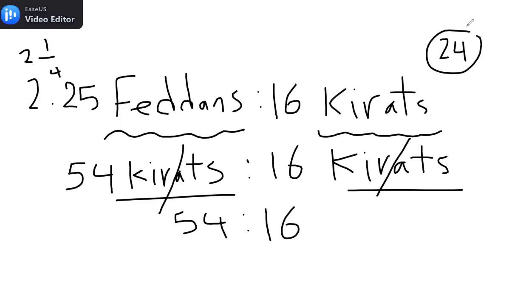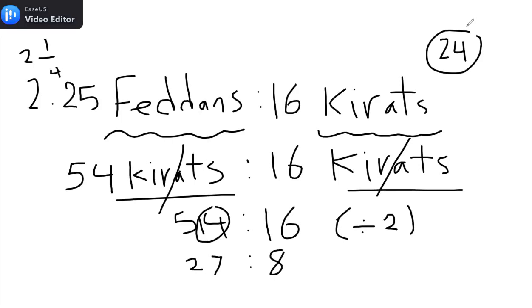in the simplest form. First, we can say that these two numbers are even, so we can divide by 2. 54 divided by 2, we can make it step by step. 5 divided by 2 will be 2 and remainder 1. 14 divided by 2 will give us 7. 16 divided by 2 will be 8.